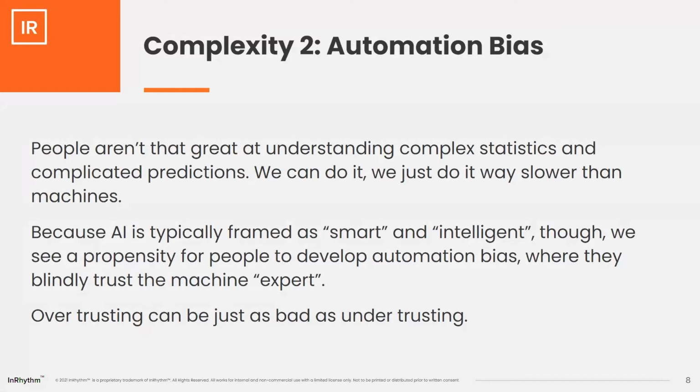People in general just aren't very good at understanding statistics and predictions, right? So what often winds up happening is something that we call automation bias. And what it is really is an excessive amount of trust in a closed system simply because they're known to be smart or intelligent.